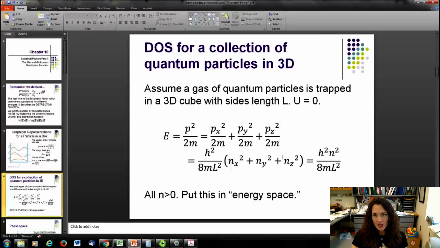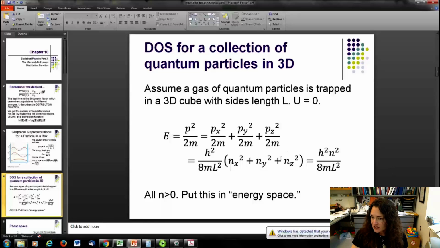All right? Now, in order to figure out our density of states, which is the number of states that are available per unit volume, what we're going to do is move this over into so-called energy space.